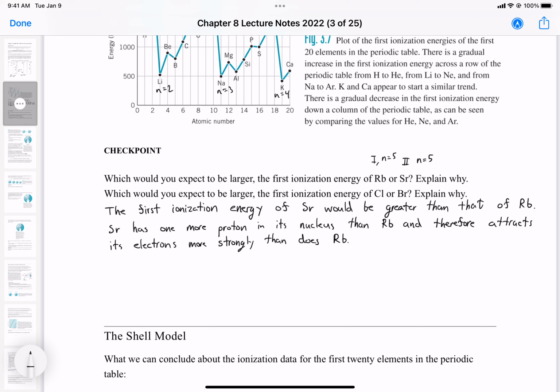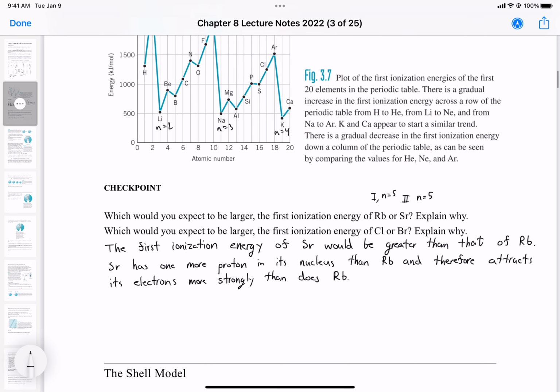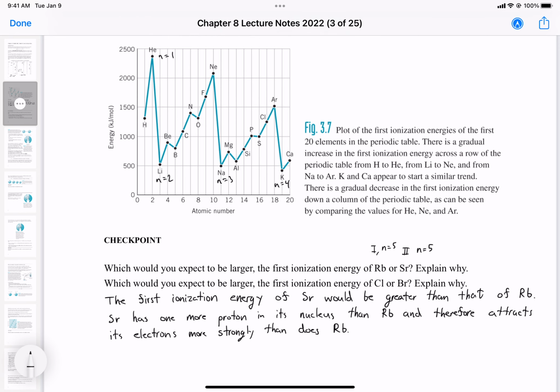So we usually see these dips in the trend. You really only see these dips here between the change in sublevel, and then when you start pairing up electrons in the p shell. You don't really see this when you're going from lithium to beryllium, sodium, magnesium, and potassium to calcium.